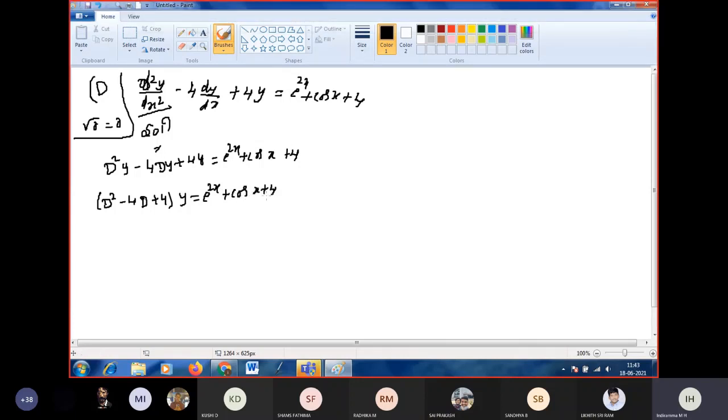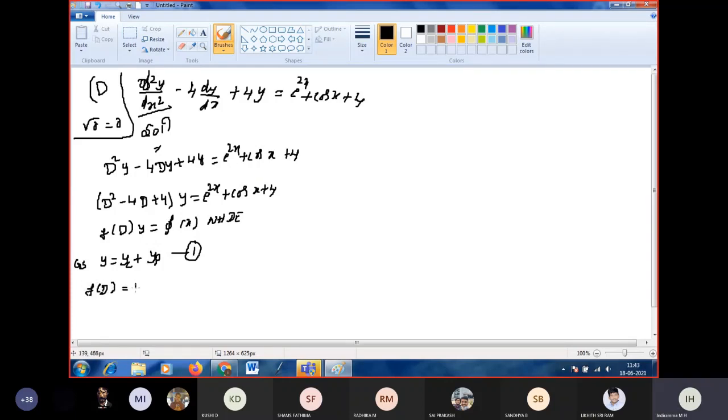It is like f of D into y is equal to phi of x. Means it is a non-homogeneous differential equation. Therefore, the general solution is y is equal to yc plus yp. Call it equation number 1. Next, what is f of D?